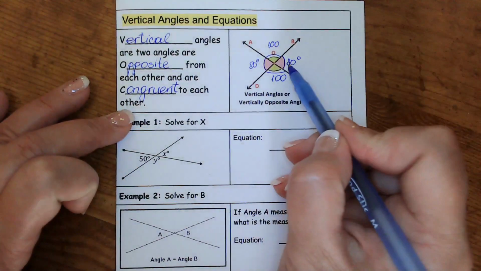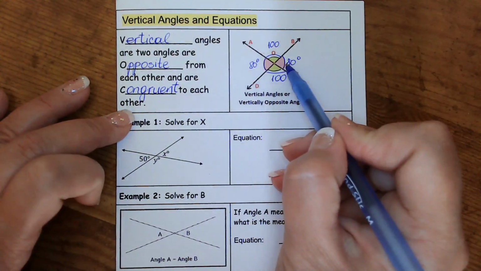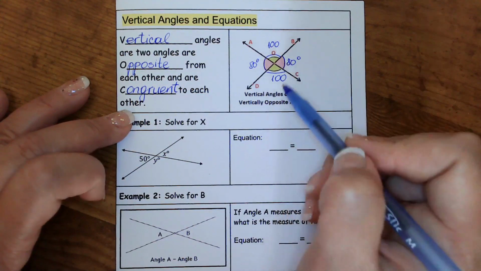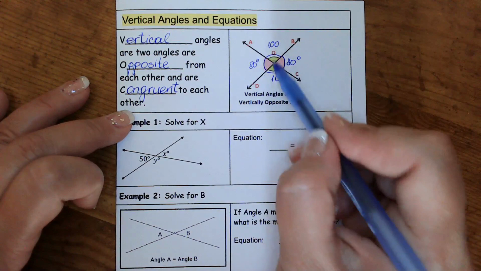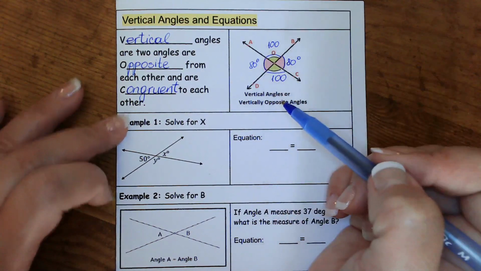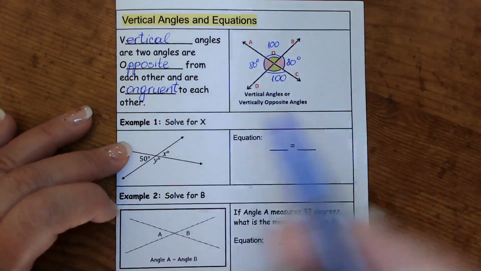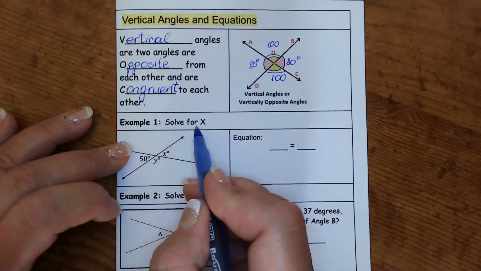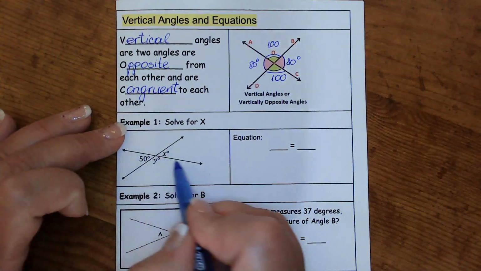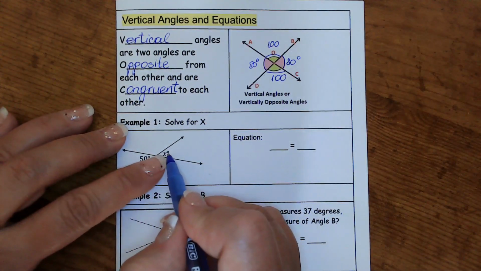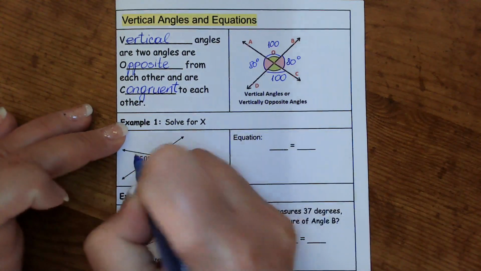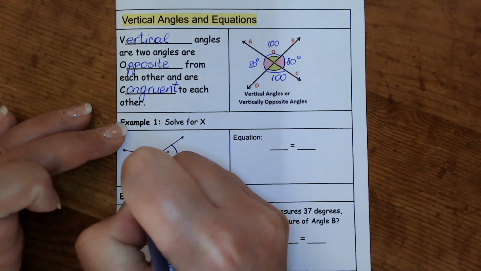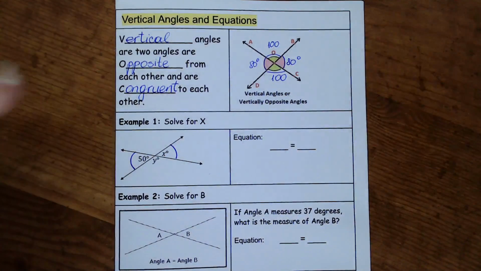So vertical angles are opposite and congruent. When two lines cross, 100, 100, opposite from each other and congruent, equal to each other. If I have to solve for x in the example right here, the x angle and the angle across, 50, have to be congruent to each other.